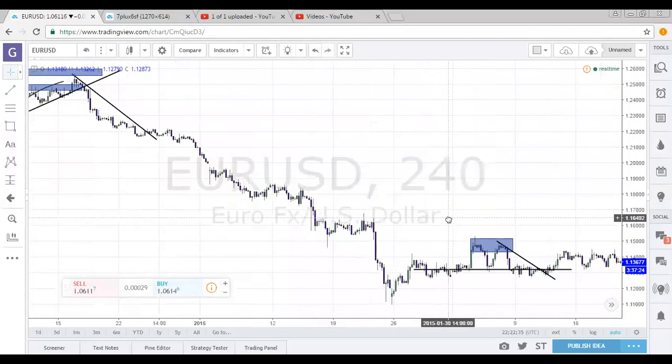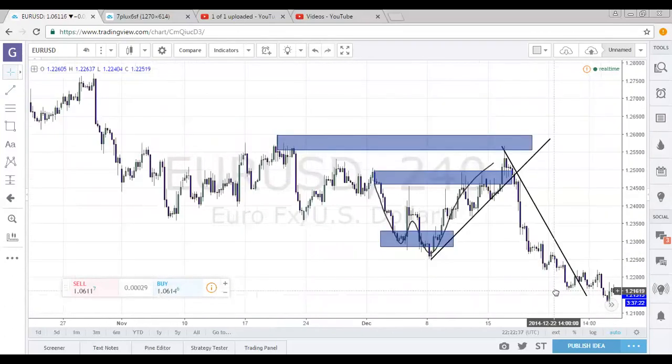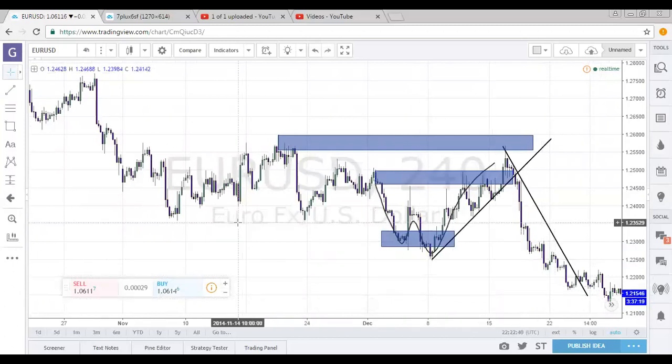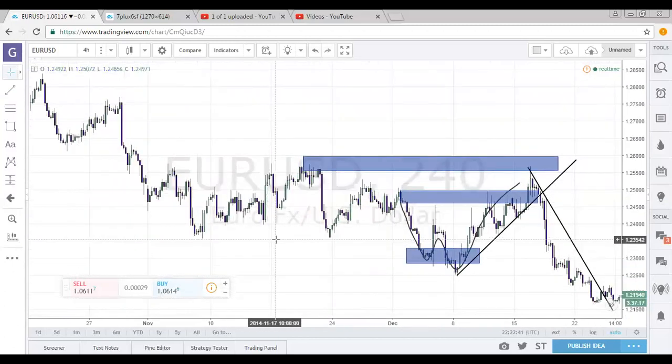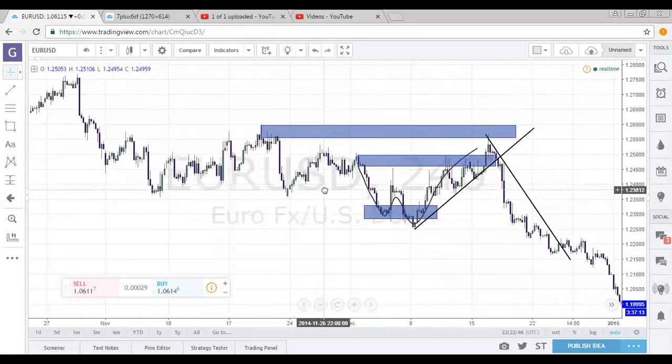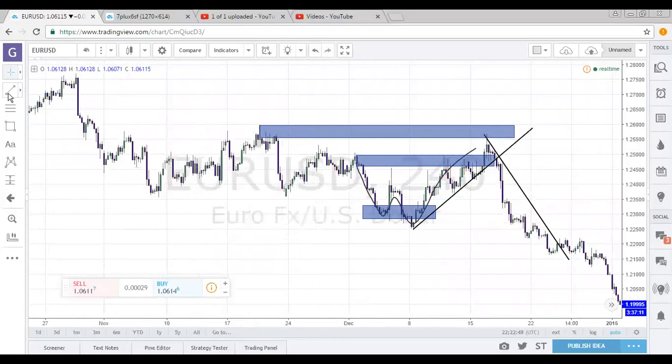M. That's an M. I don't feel M patterns are as easy to find as W patterns. Like here's one right here. But usually you'll just see it's an M is a W upside down.